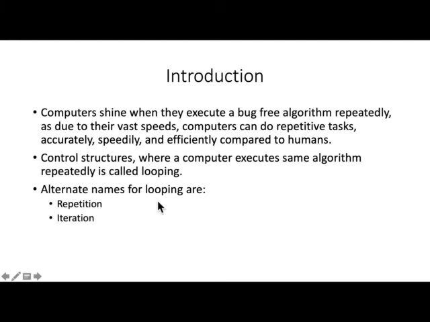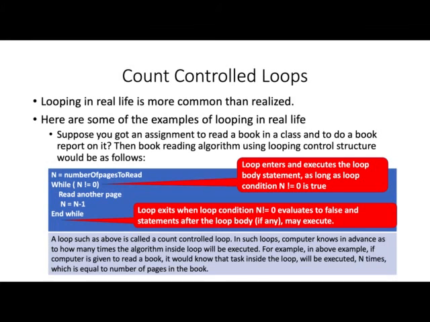Alternate names for looping are repetition and iteration. So sometimes a looping structure can also be called a repetition control structure or an iteration control structure.